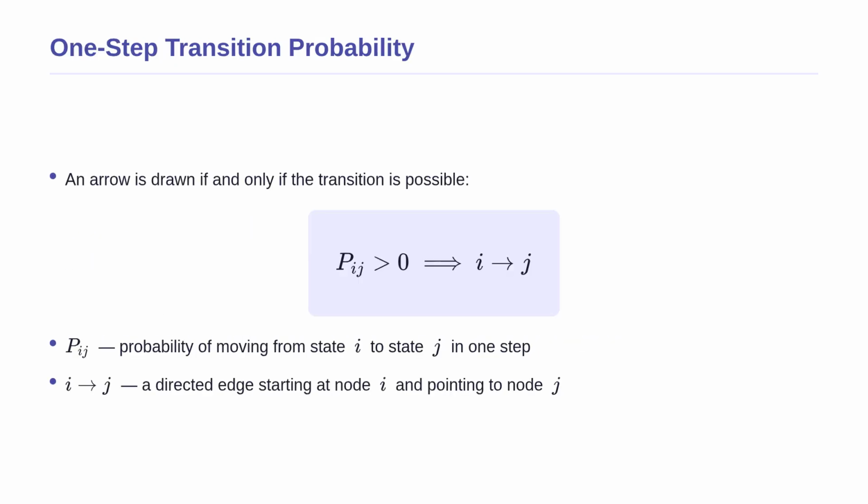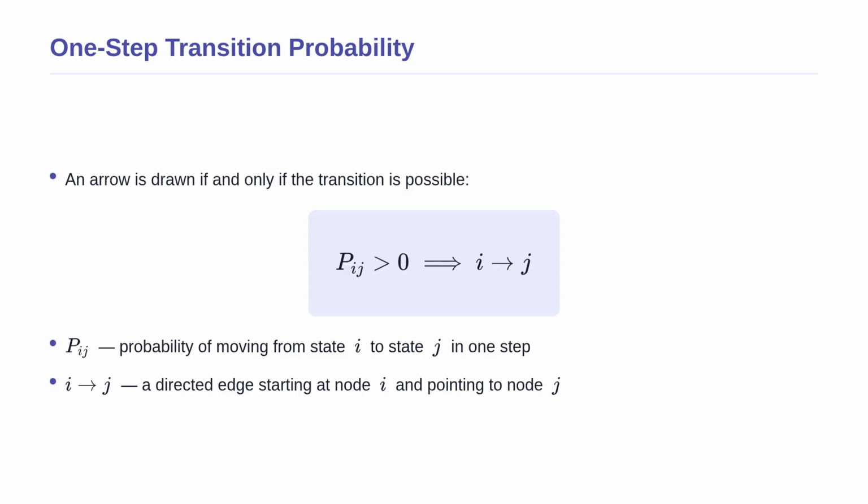Now that we understand what a state diagram is, let us look at the mathematical rule for drawing one. This formula tells us exactly when to draw an arrow between two states. The symbol P sub ij represents the probability of the system moving directly from state i to state j in exactly one single step.